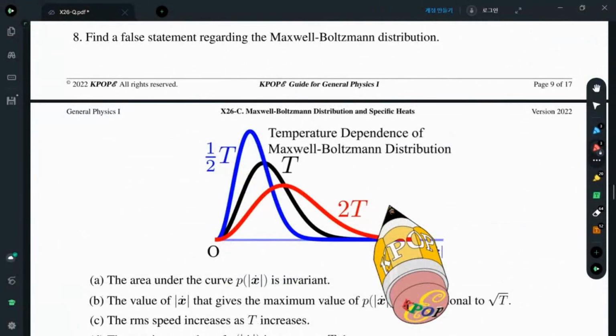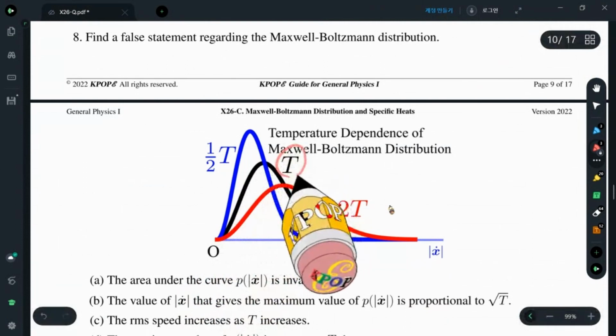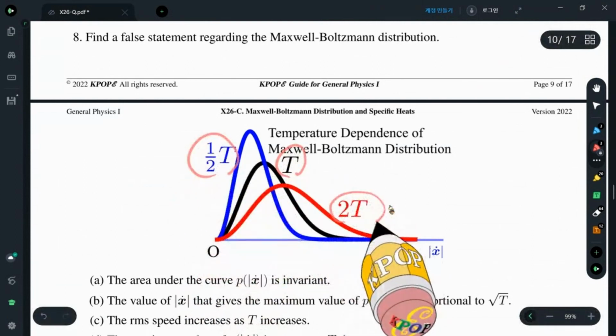Here, the distribution changes to illustrate the dependence on temperature, at T, at lower temperature and at higher temperature.